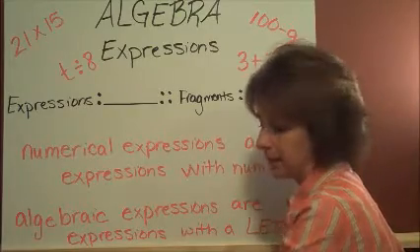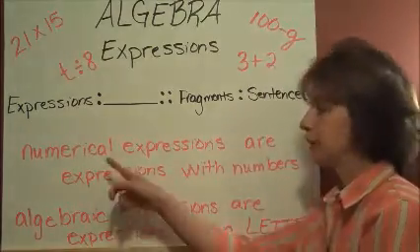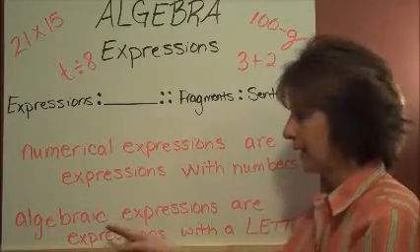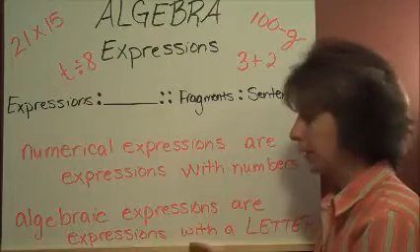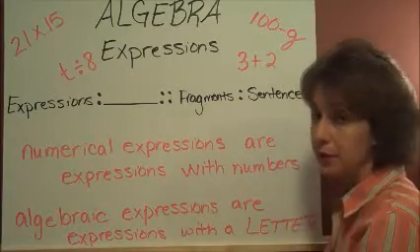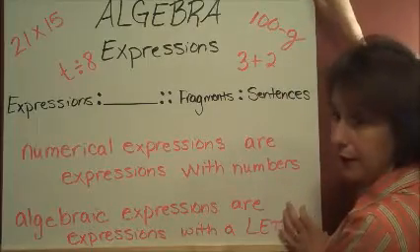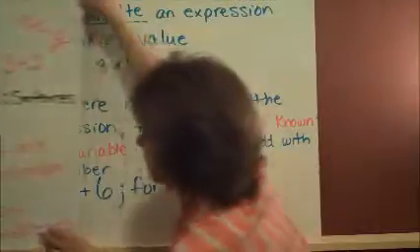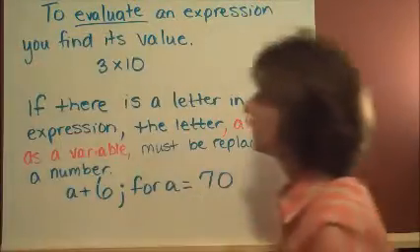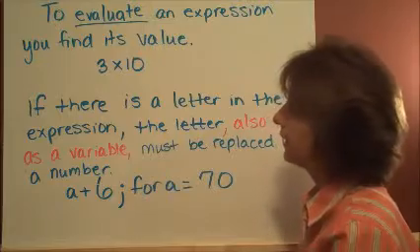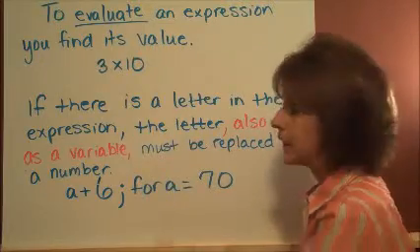There are two types of expressions. A numerical expression is an expression with numbers, and an algebraic expression is an expression with a letter. A letter, most of the time known as a variable, because a letter in math stands for an unknown. To evaluate an expression, you find its value.